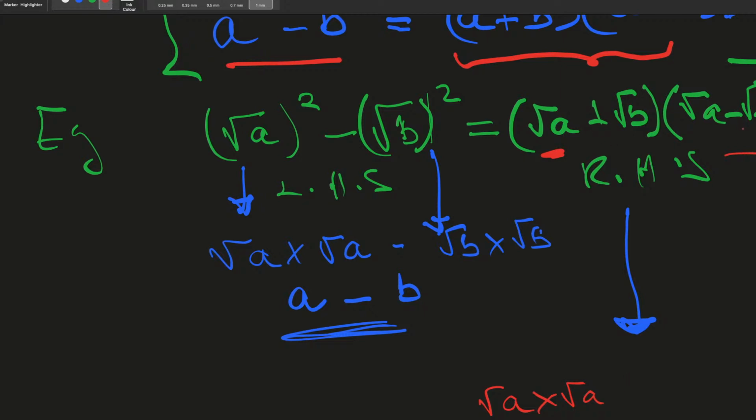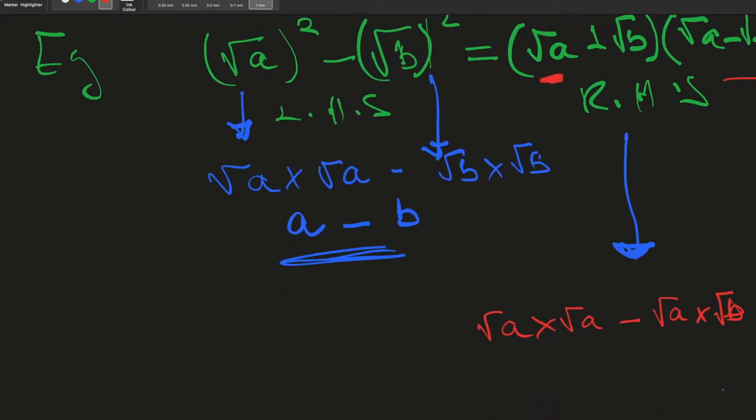There's a minus sign here, so this will be minus root a times root b. Now let's do the other one as well.